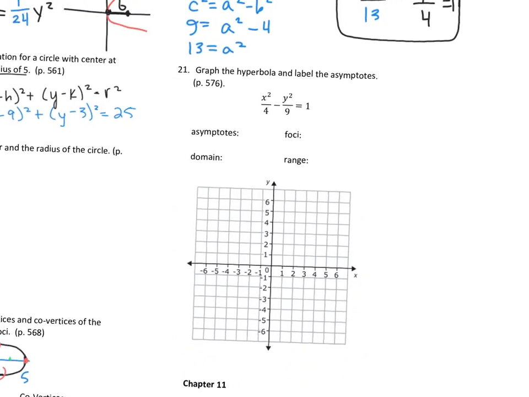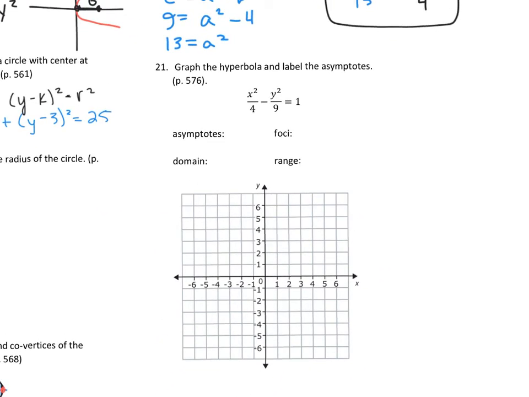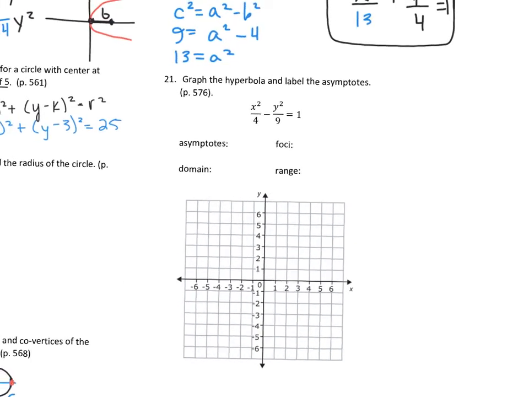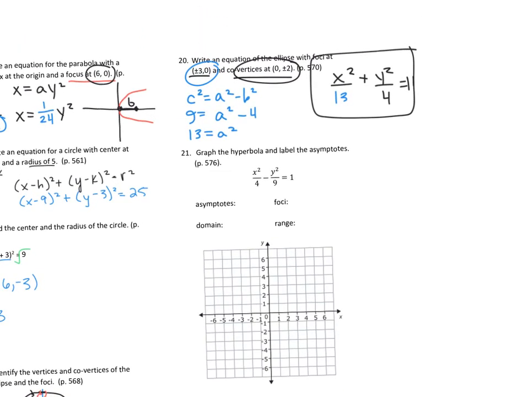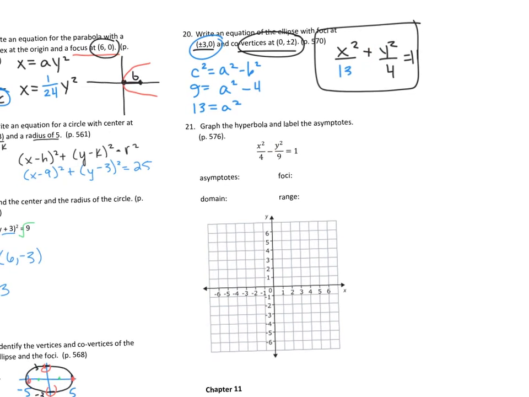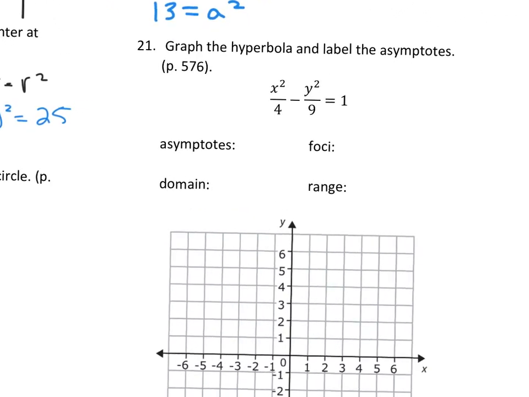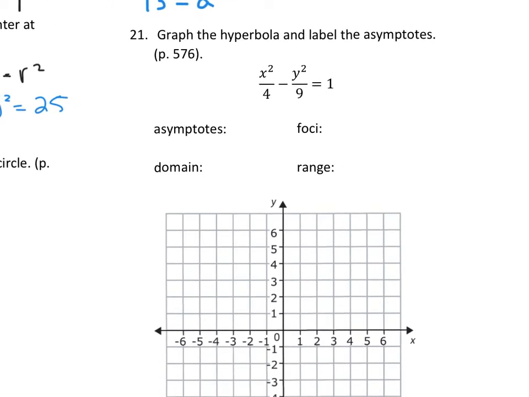Graph the hyperbola and label the asymptotes. So the difference between a hyperbola and an ellipse with the equation is a hyperbola will have a subtraction sign and an ellipse will have an addition sign in standard form. So first I want to find the asymptotes. The asymptotes are going to be at y equals, because all asymptotes are oblique for hyperbolas.